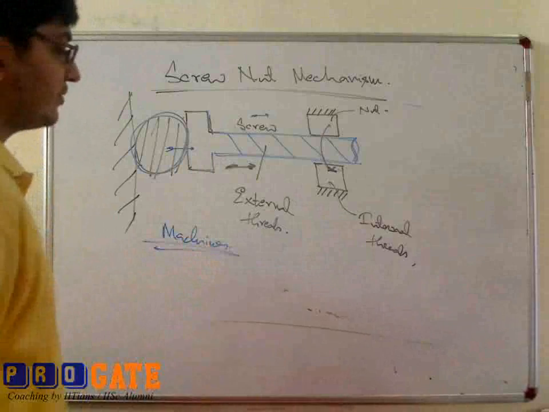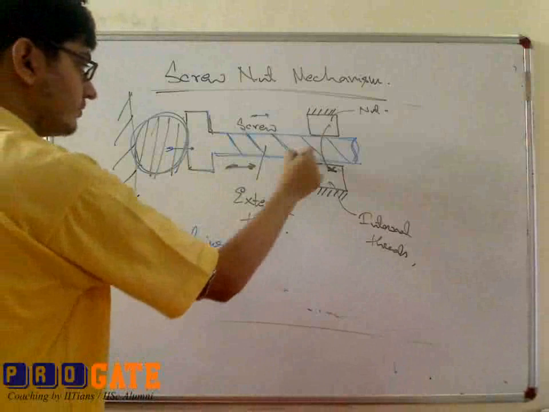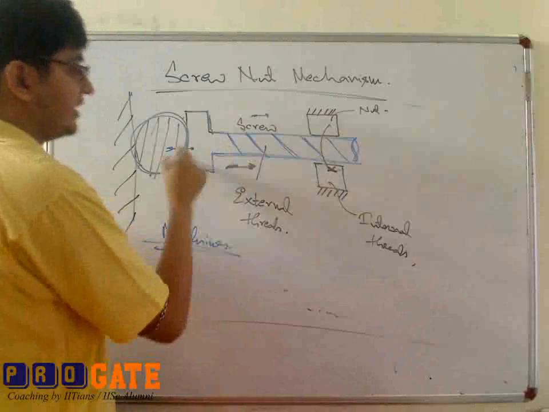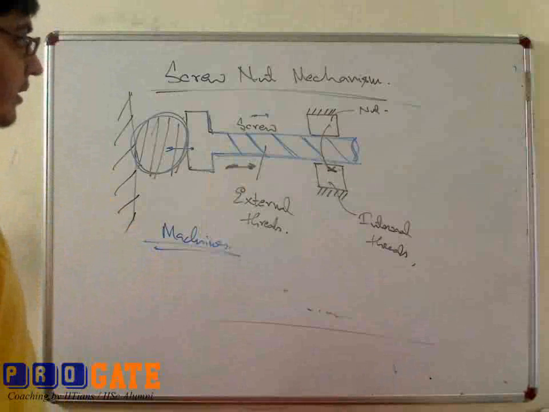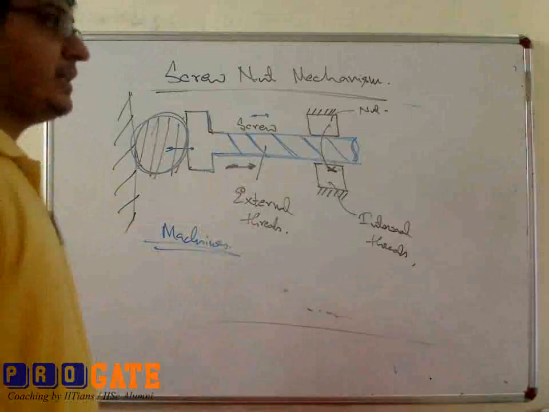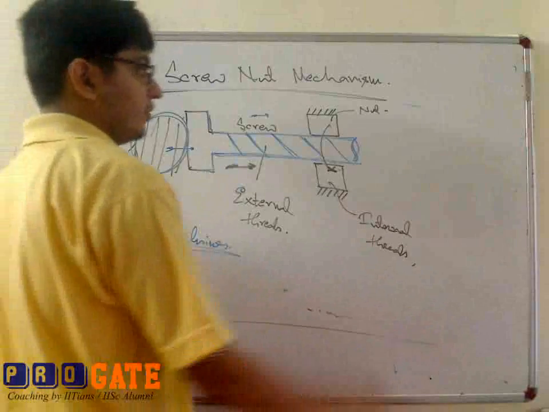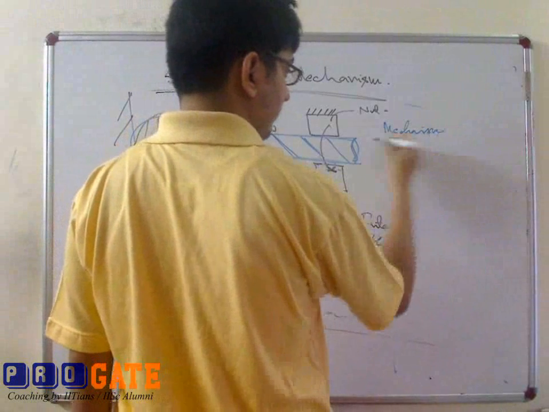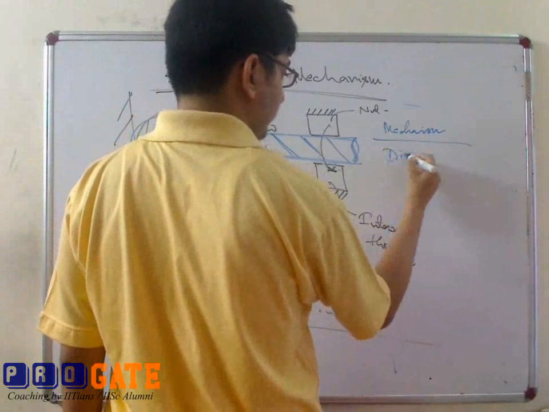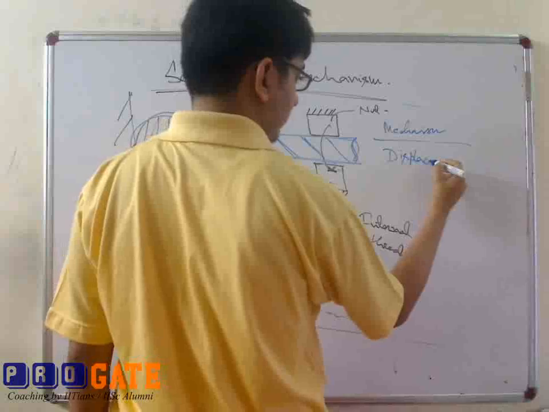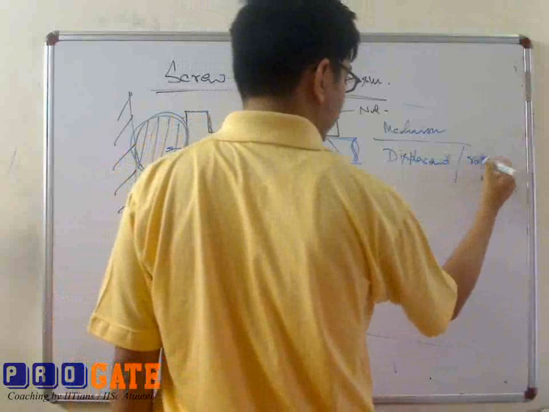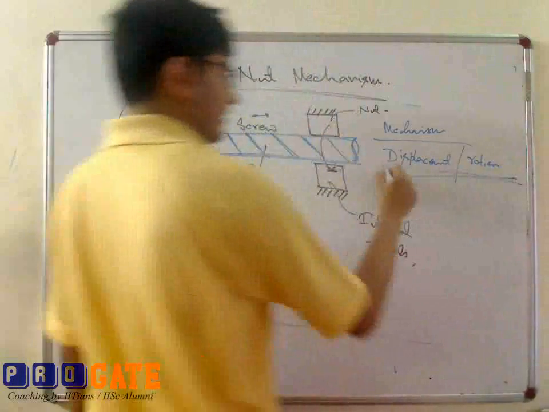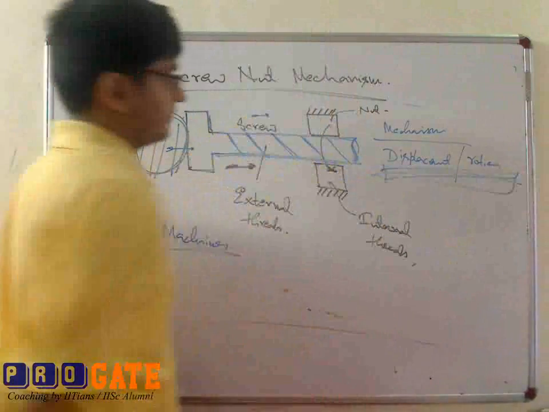To design this machine, you have to consider the internal stresses and all other things. But to design the mechanism, we are interested only in the motion. So for a mechanism, displacement per rotation is the only design criterion.